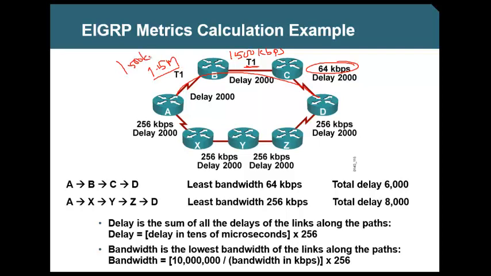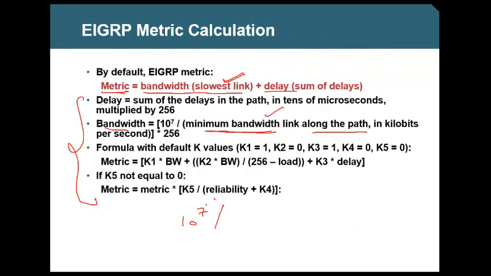So in this direction via A, B, C, D, for A to reach D in this direction, the slowest link bandwidth is 64. 10 to the power of 7 divided by 64, multiplied by 256.